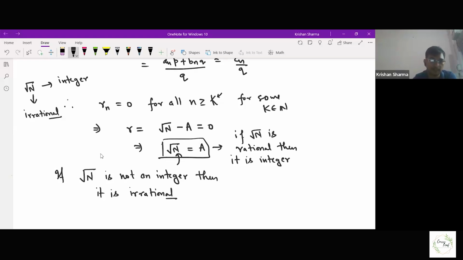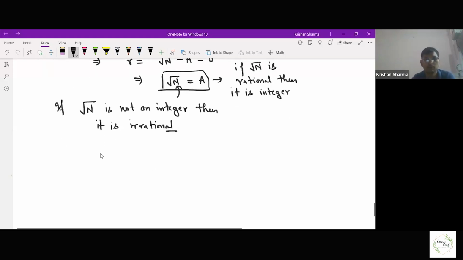So let's take an example for that. Suppose I want to know what about square root of 6. Well, we know it is not an integer because you can see that 2 square is equal to 4 and 3 square is equal to 9. If you square this number, you will get 6, which lies between 4 and 9.